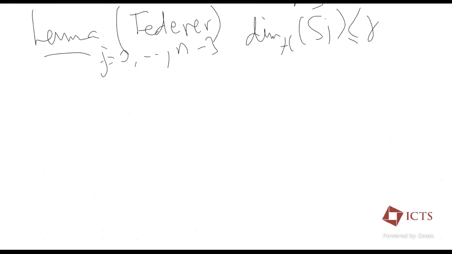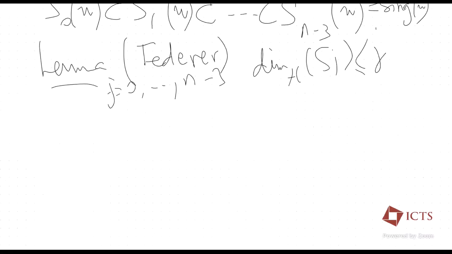So the idea of the proof is really based first on the epsilon regularity, which is the first important theorem to prove, and second on the Federer dimension reduction.